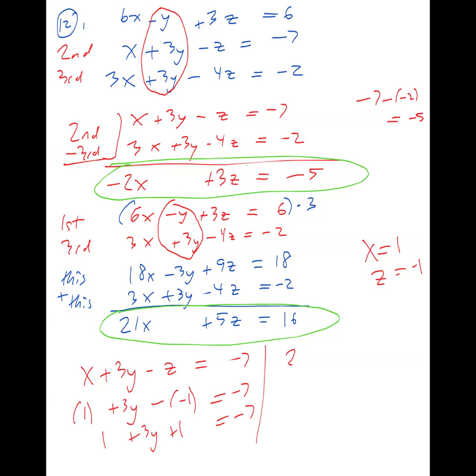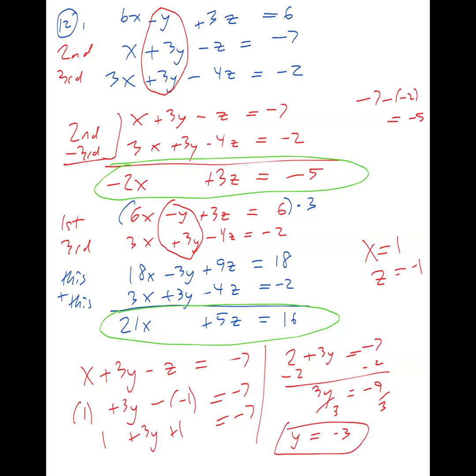So 2 plus 3y equals negative 7. What do I do next? Subtract. What do I subtract? 2. And then I get 3y equals negative 9. So then I divide by what? 3. And I get y equals negative 3, correct.